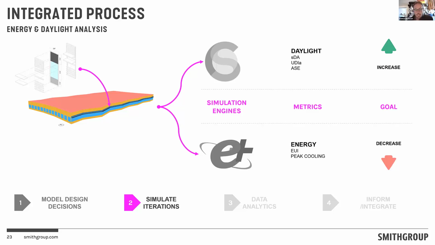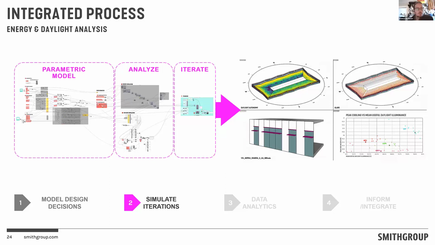On the next slide, you'll see a parametric workflow. We're using Grasshopper, a visual scripting interface for Rhino, to build our geometry in the first box on the far left. In the middle is our analysis engine, where we're running it through Climate Studio and Energy Plus. And we're using Colibri on the far right to iterate through all those combinations and record the data.